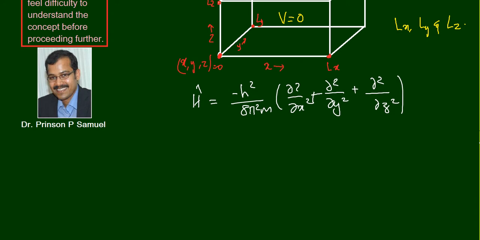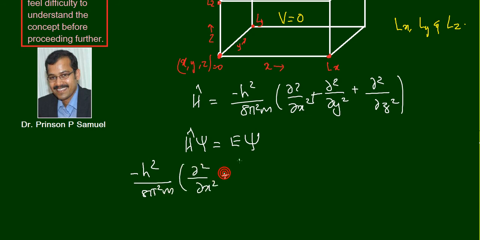Now we can construct the Schrodinger wave equation. Let us assume that the wave function is psi for this system. Then we can write the Schrodinger wave equation as H cap psi is equal to E psi. That means minus h square divided by 8 pi square m, times dou square by dou x square plus dou square by dou y square plus dou square by dou z square, acting on psi, equals E psi.